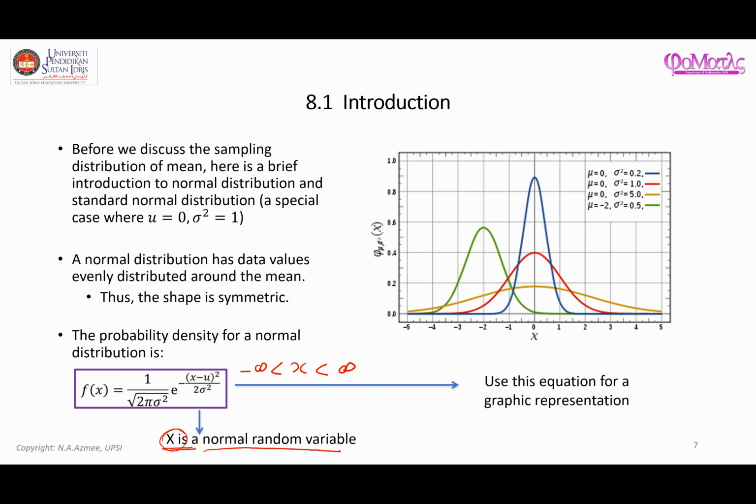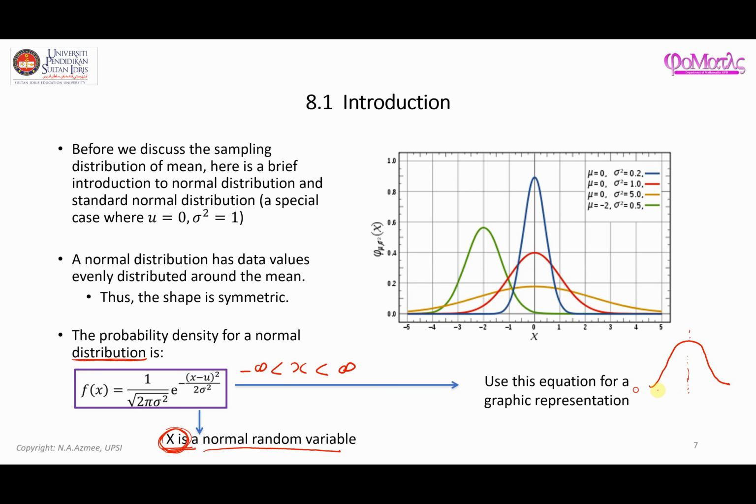And if you want to describe x using graphs, so you want to look at the distribution of x using graphs, then the graphs will look like this depending on the parameters mu and sigma squared. Basically the graph is going to have a bell shape outlook, and it's going to be symmetric.